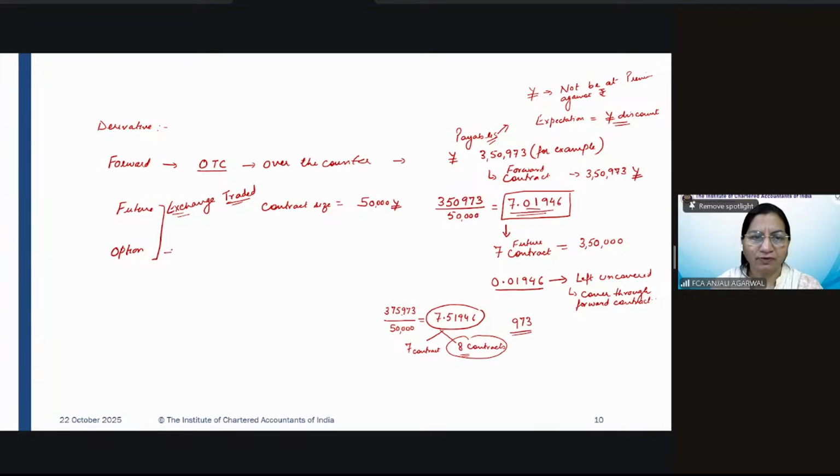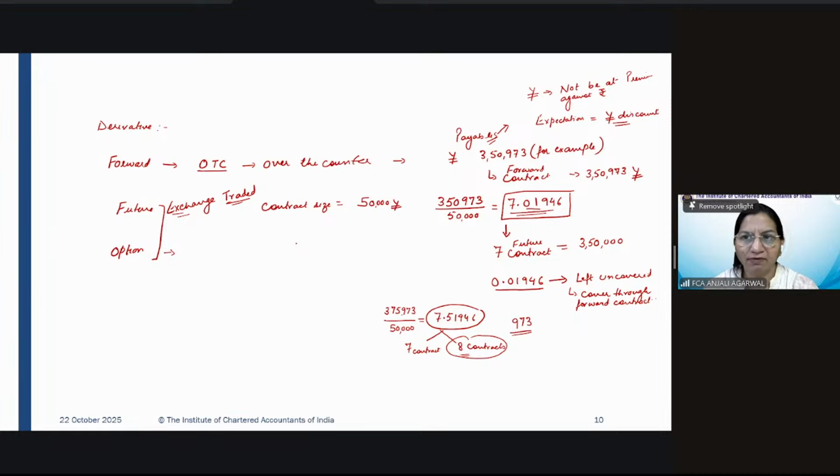Options are also one of the means. When you are in between some fraction, you may decide to leave yourself unhedged. You may decide to cover yourself through some other derivative product or some other means of hedging. It could be option, future, forwards, or money market.